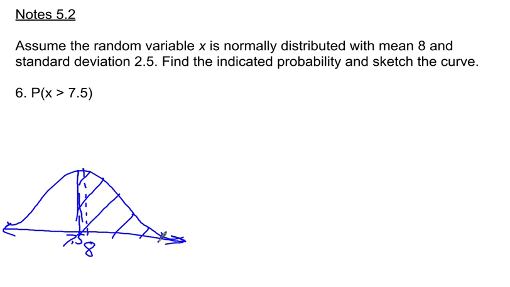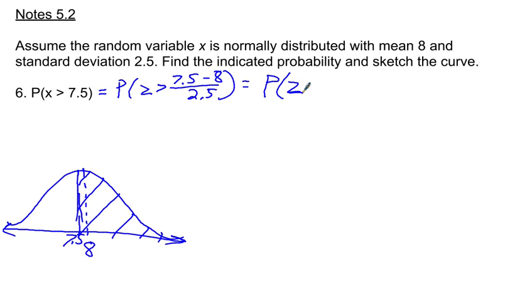So we calculate the z-score. We want 7.5 minus 8, all divided by 2.5, our standard deviation. We need to find the probability that z is greater than negative 0.2.